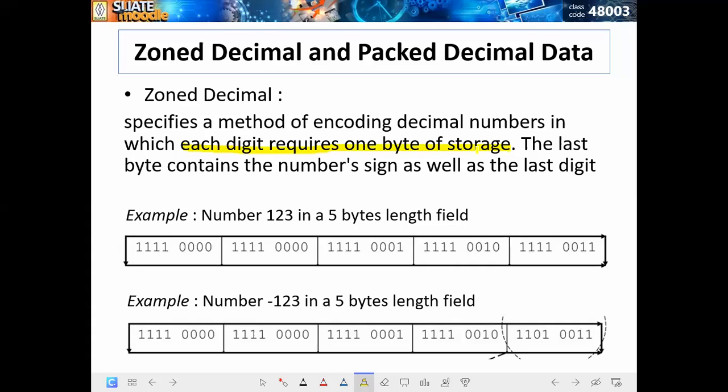That means it uses 8 bits to represent a single digit. Here, for an example, number 1, 2, 3 in a 5 bytes length field, right? In here, first one, we can actually start from the right side.